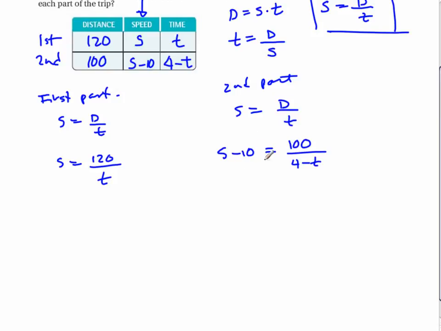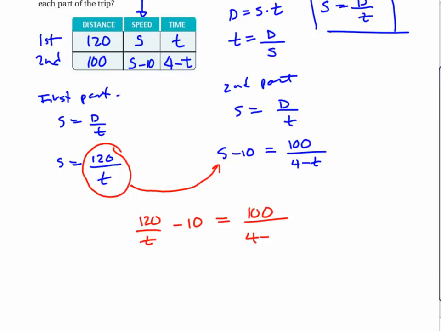So I'm going to take this S here, I've solved for S, it's 120 over T. I'm going to plug it everywhere I see an S in the other equation. So I'll come up with 120 over T minus 10 is equal to 100 over 4 minus T. Okay, substitution.